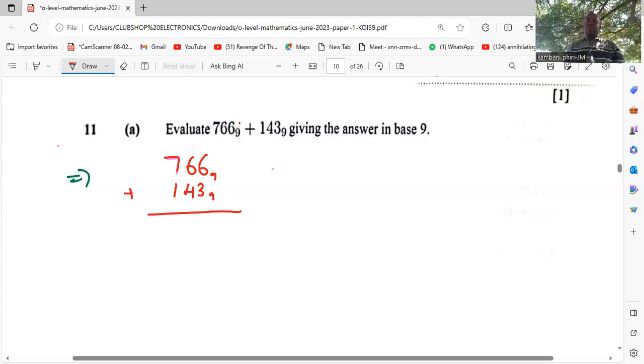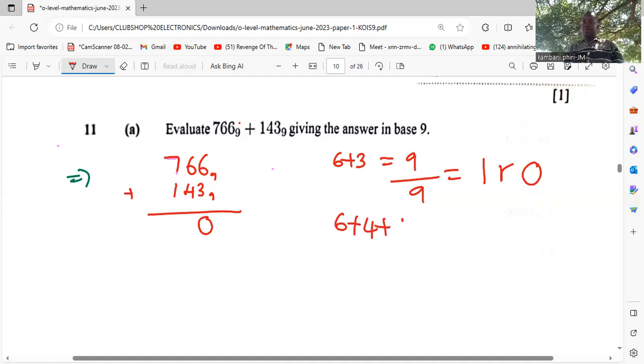So we are going to add: when you add 6 to 3, we get 9. But as long as we're dealing with base 9, the answers should be less than 9. So we'll divide by 9 because it is in base 9. So we have 1, remainder 0. It is the 0 that we take. Write the 0 here and carry a 1.